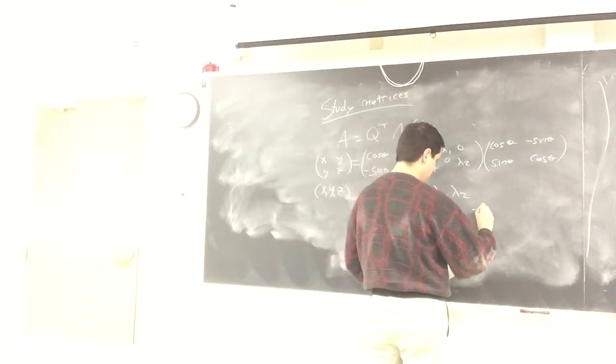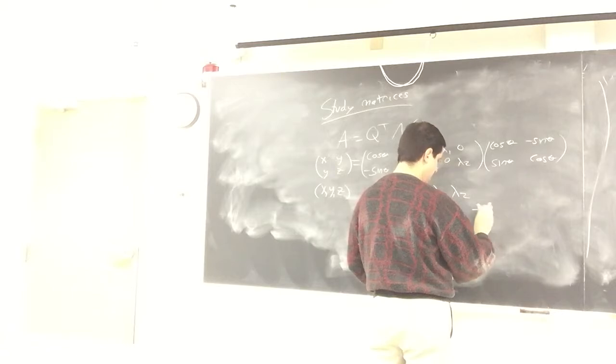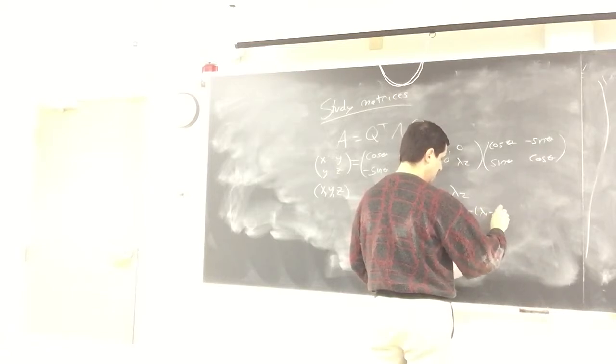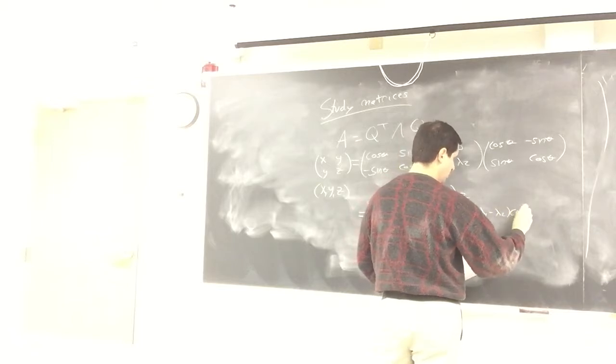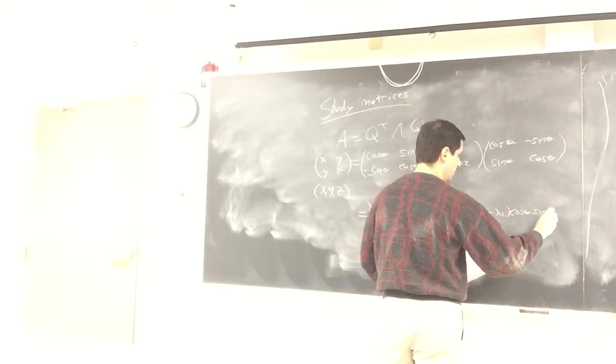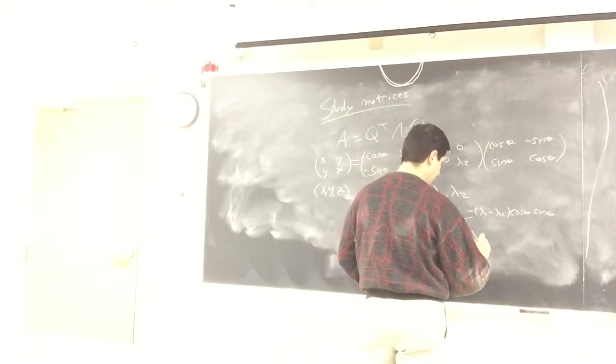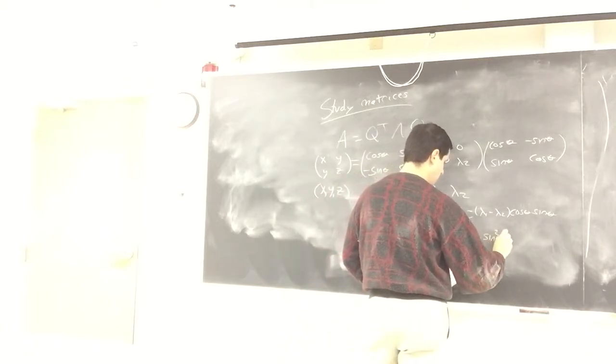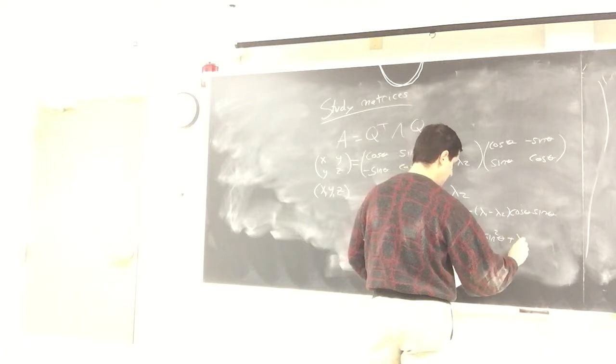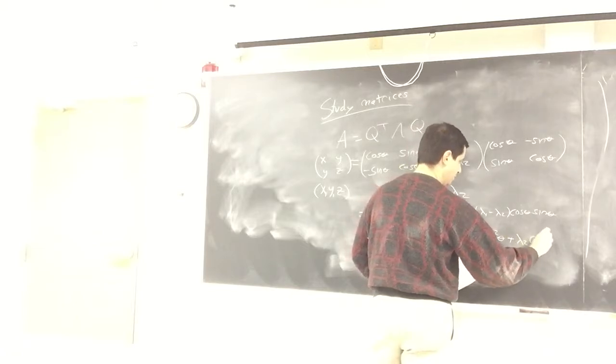The next one is minus lambda 1 minus lambda 2 times cosine theta sine theta. Same thing down here. And then lambda 1 sine squared theta plus lambda 2 cosine squared theta.